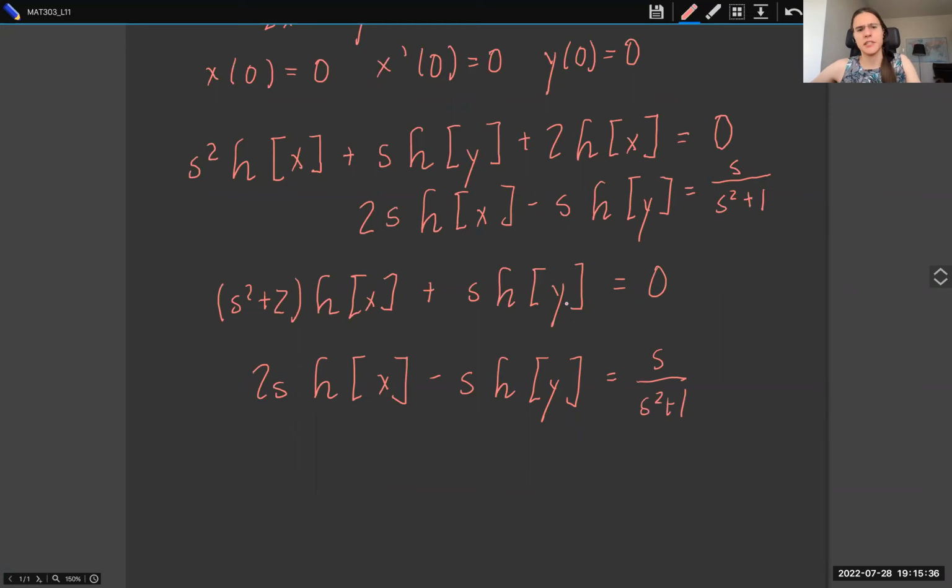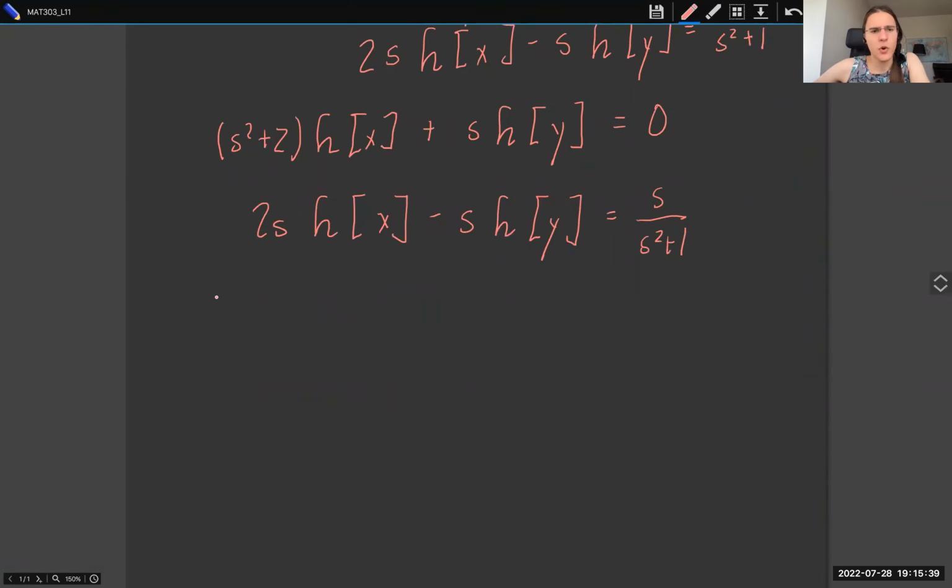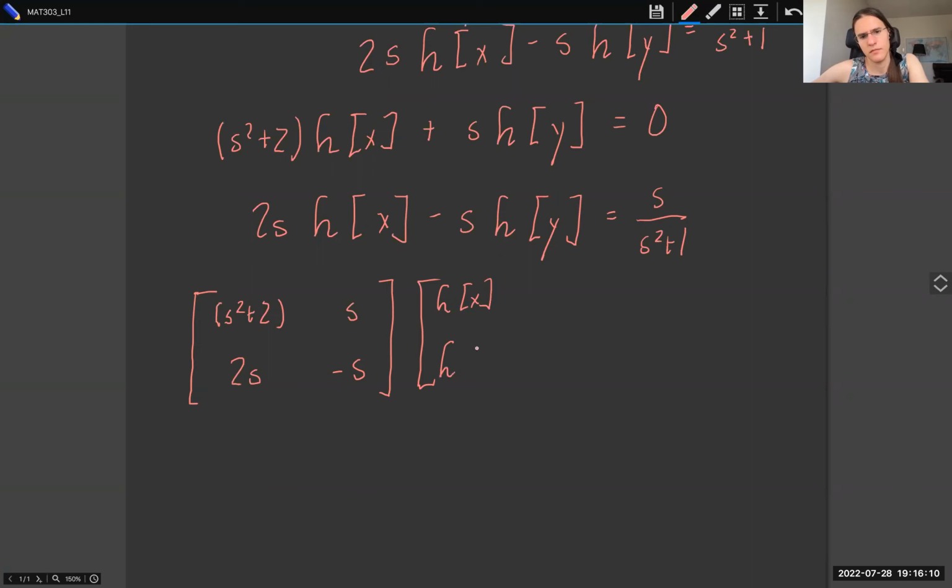And this looks like a linear system. So rewriting it as a linear system, we get the matrix with rows s squared plus 2, s and 2s, minus s, equal to 0 and s over s squared plus 1.